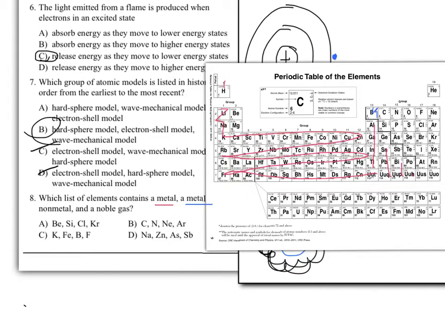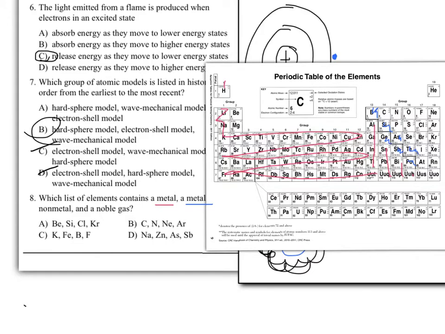And so here I'll shade in the metalloids. Now the metalloids must be bordered by the staircase on two sides, meaning we have this L shape. So notice that boron is a metalloid, but carbon, which touches the staircase, is not a metalloid because it's not bordered on two sides. And then we have the nonmetals.